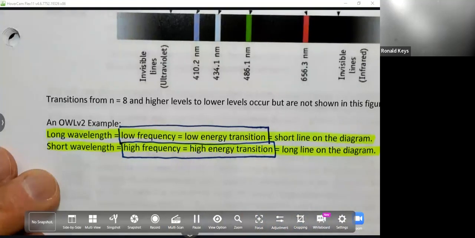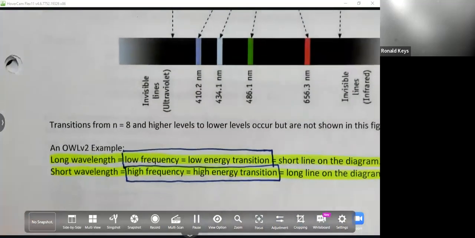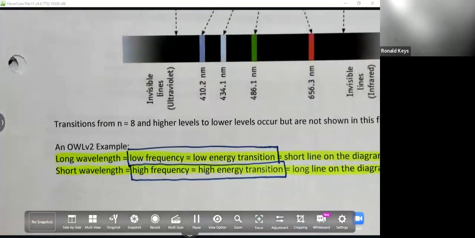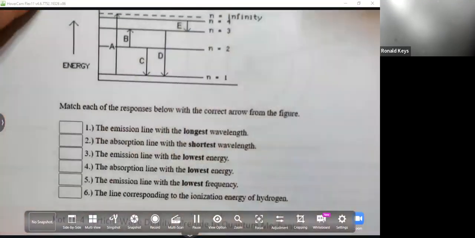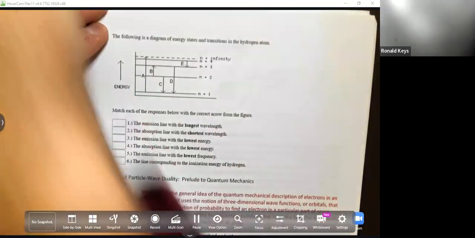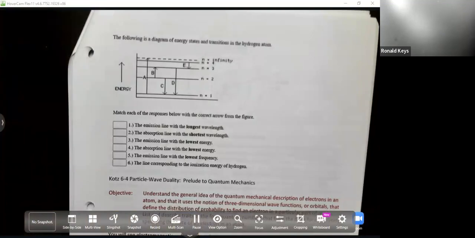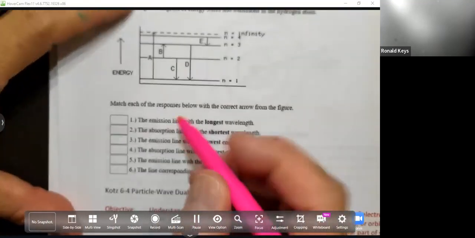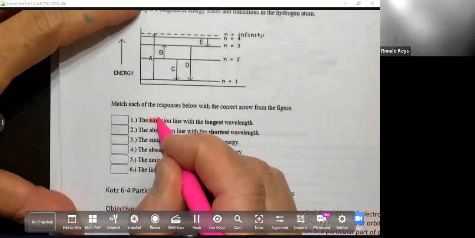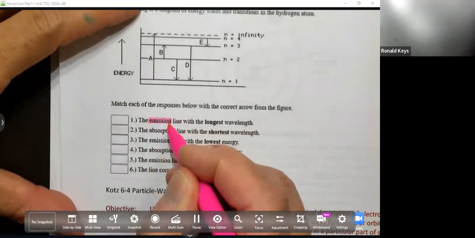So let's look at the questions that I'll get on with here. Diagrams. Now let's highlight. If it's an emission, it's got to be coming back down, right?